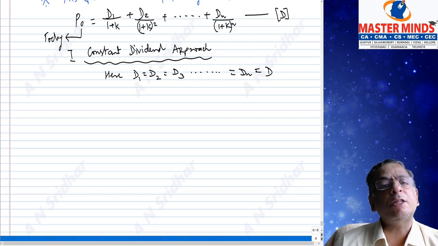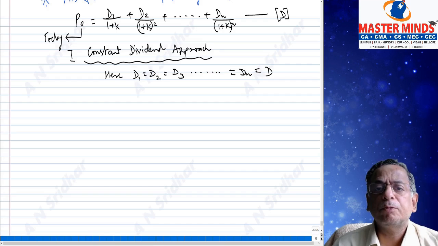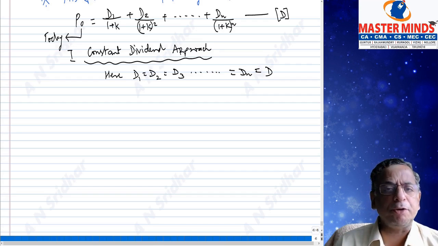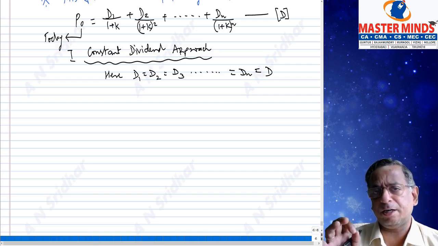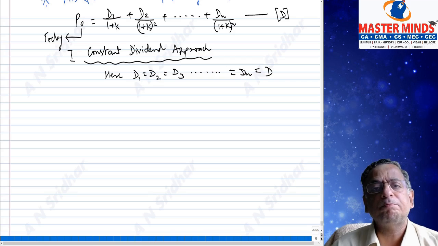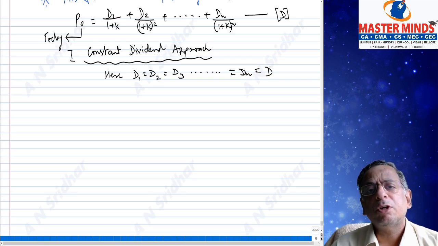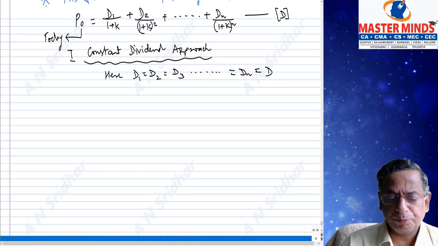So, according to Gordon, some companies follow a constant dividend policy. Whatsoever may be the profits, there is a policy that they will declare this much every year and distribute. That's all. Here we can modify the formula. Let us see how.